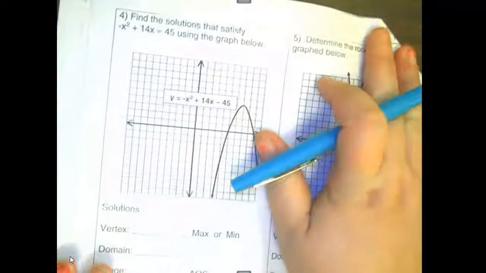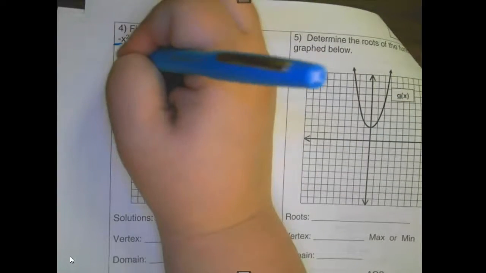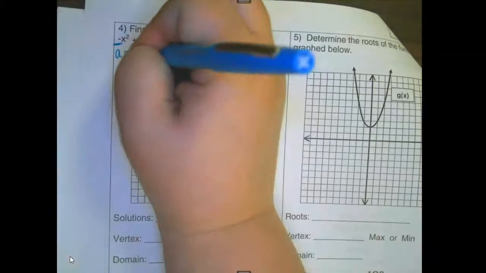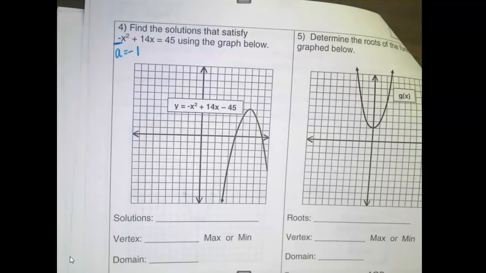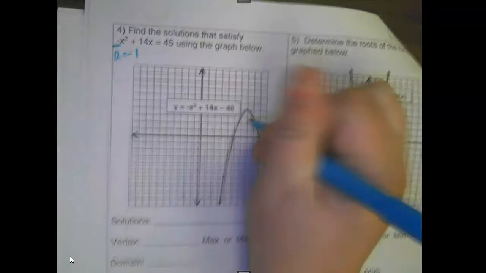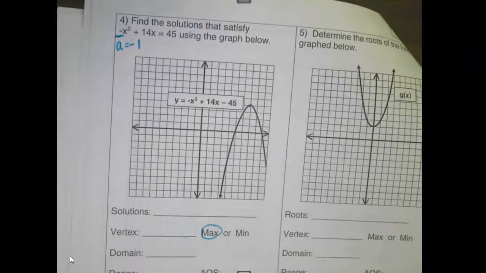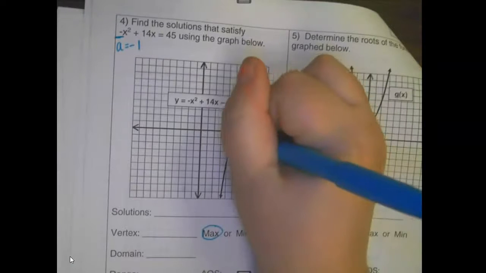Alright, so we're going to tie all that in together with what we did yesterday. So they have graphed -x squared. Notice that my a equals -1. When it is negative, that graph is going to open downward, which means I'm going to have a max. I'm going to go ahead and circle the max. Okay? So it's going to start by asking, what are the solutions? Where is it crossing that x-axis?